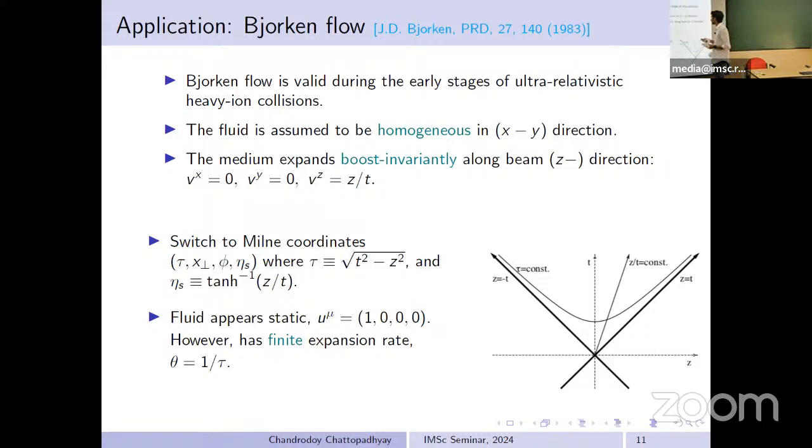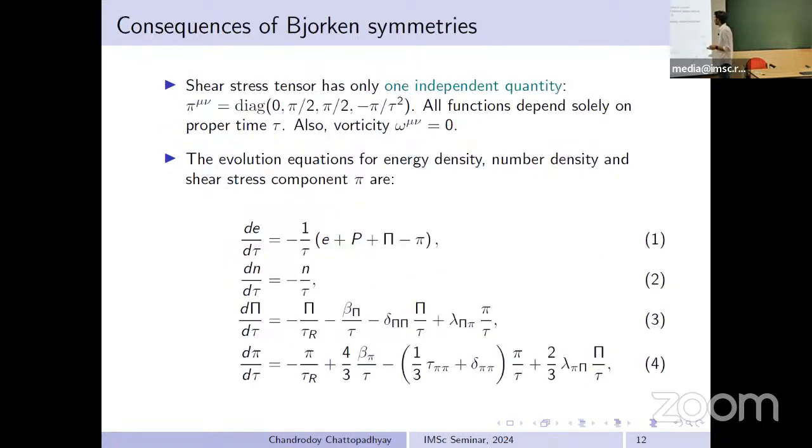Now, this boost invariant symmetry is best seen in Milne coordinates, where the system becomes independent of the space-time rapidity. Here, the fluid appears to be at rest, but it has a finite expansion rate, which is given by 1/τ. This is where we will reduce the hydrodynamic equations that we obtained.